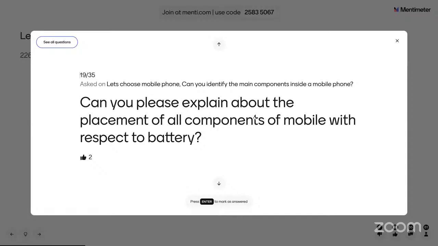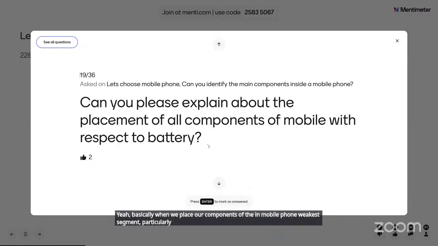Can you please explain the placement of all the components of the mobile with respect to the battery? Yeah, basically when we place the components in a mobile phone, we can segment it into two parts depth wise. In the lower part, we use the battery.